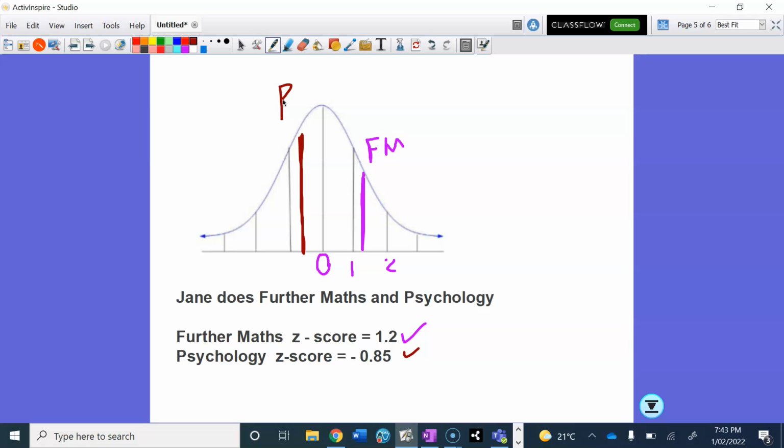So if you're able to identify where they fall on the graph, and then you can put a percentage to them, top 16% for further maths, bottom 50% for psychology, that's the interpreting part. And then I might ask you to compare them. And I would say, obviously, she's done better in further maths than she has in psychology, full stop.